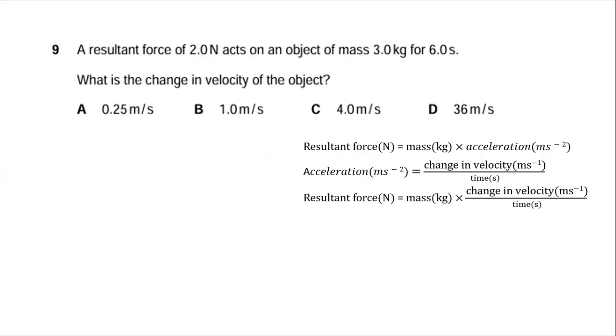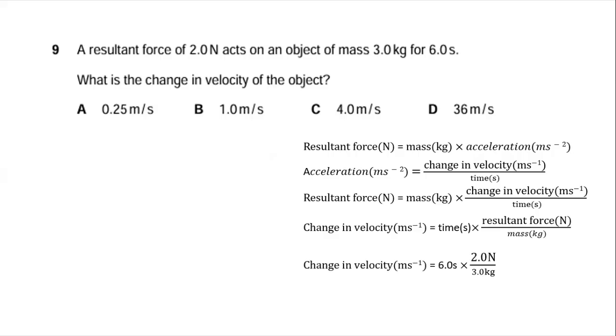So change in velocity is time into resultant force divided by mass. Substituting values, 6 seconds into 2 Newton divided by 3 kilogram is 4 meters per second. So the answer is C, 4 meters per second.